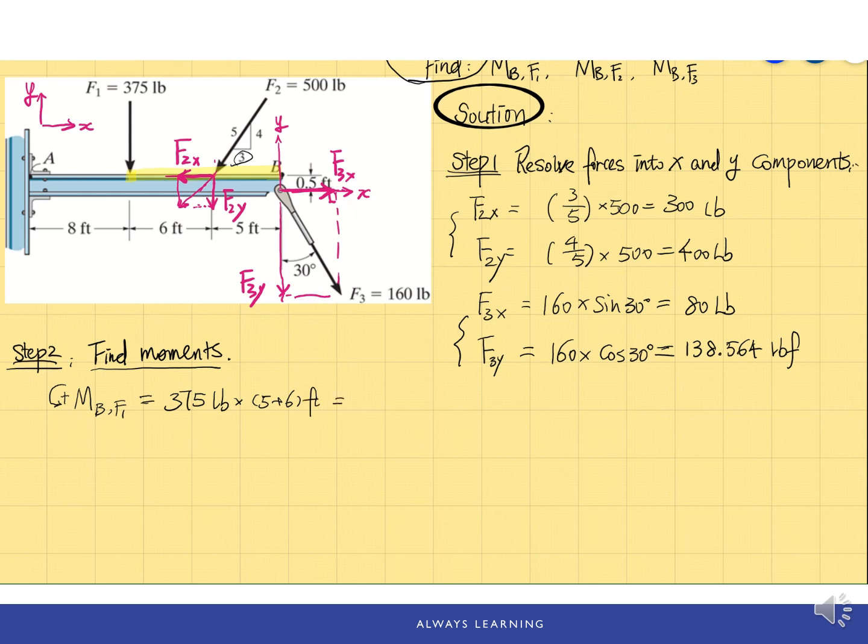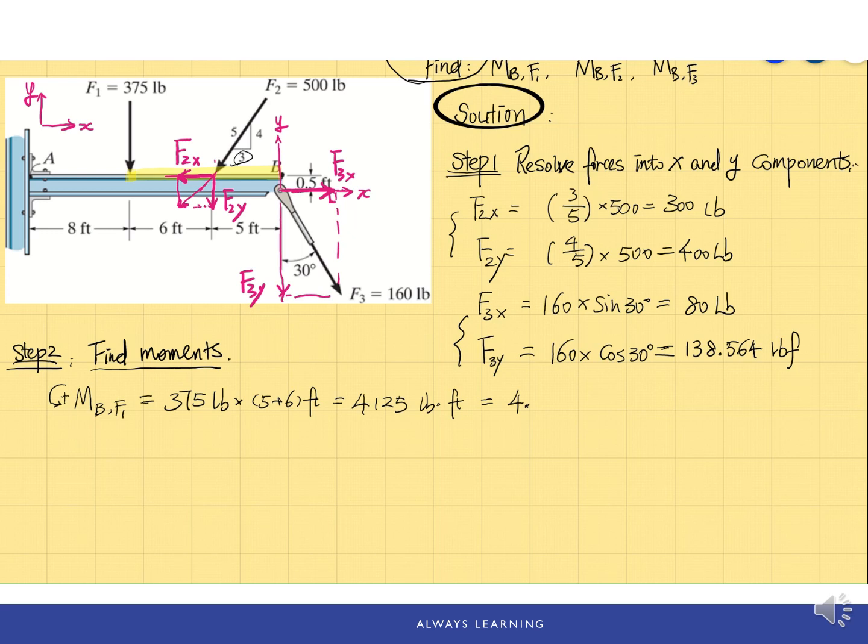And then we do the calculation. So the answer will be 4,125 pound-foot. And sometimes you will be asked to express the moment in another unit, which is kilopound-feet.